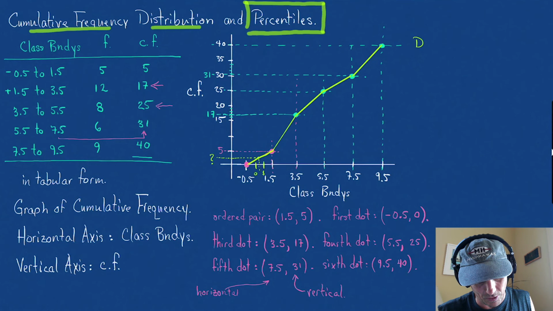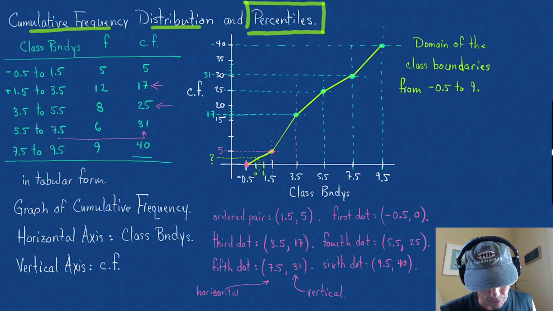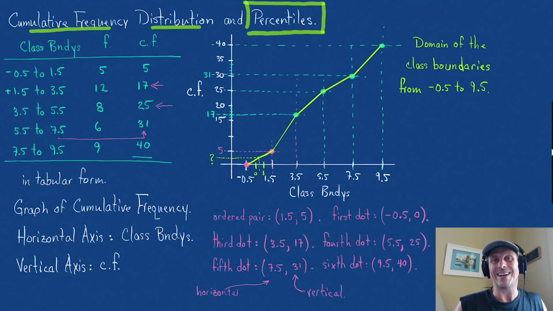And so we say the domain, so we can just estimate within the domain of the class boundaries, the domain of the class boundaries from negative 0.5 to 9.5. And in there we can estimate.